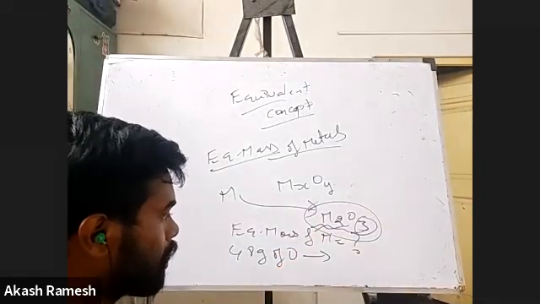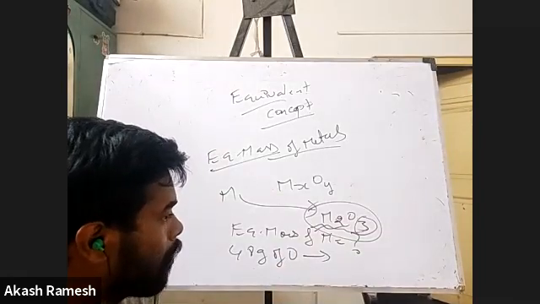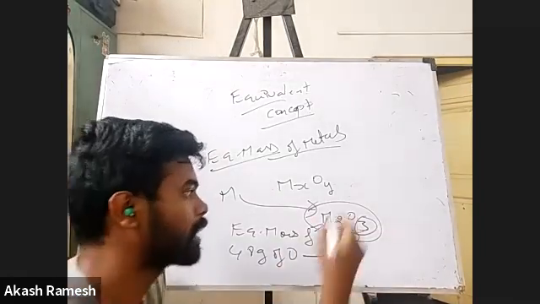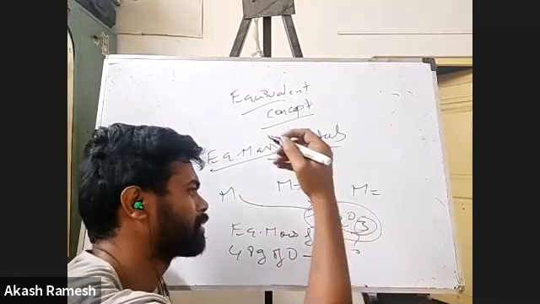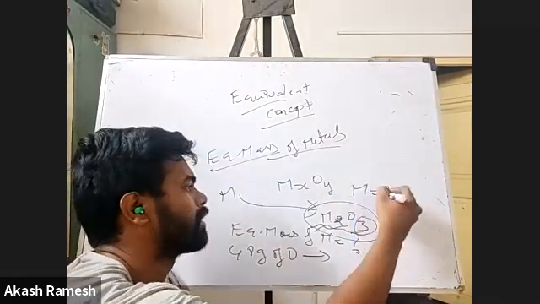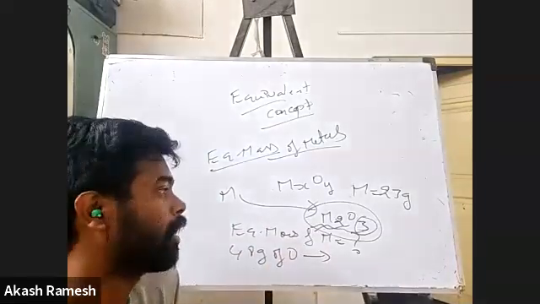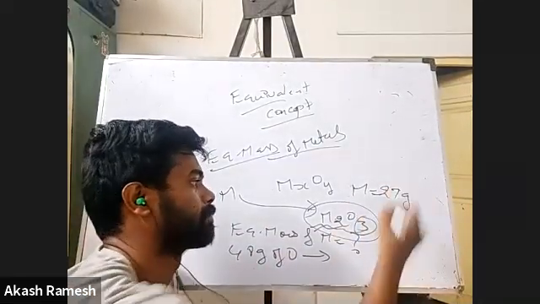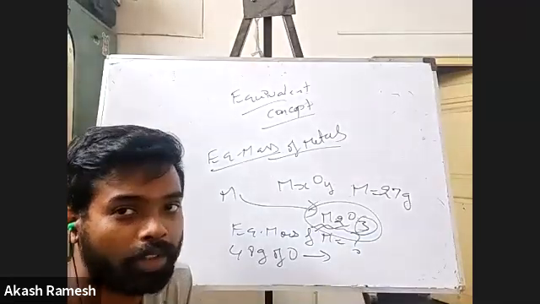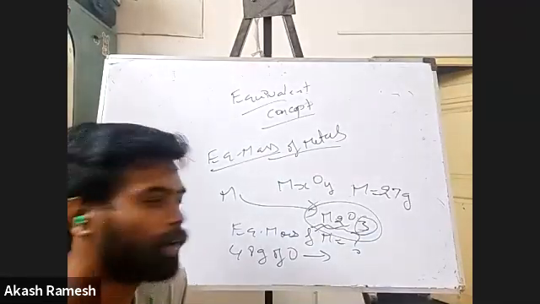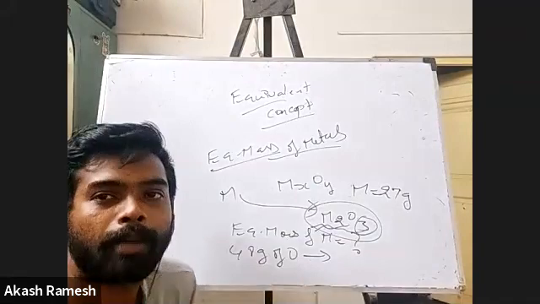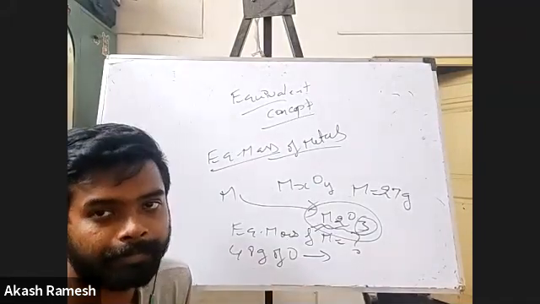I should at least give the molecular mass of the metal. Say, assume that the molecular mass of the metal is 23, or 27. That's aluminium, because M2O3 is going to be Al2O3. So they have given the molecular mass of the metal.